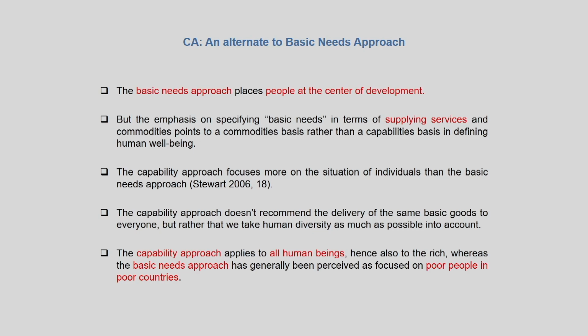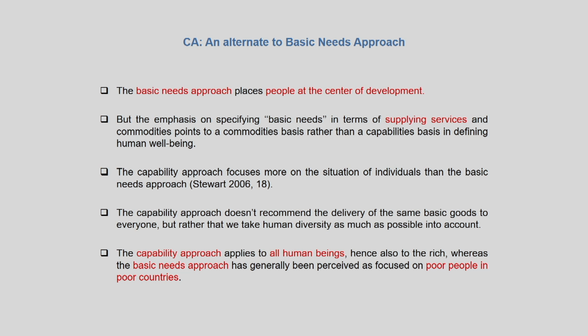So, the focus with respect to basic needs approach is in supplying the commodities, whereas the capabilities approach is looking at enhancement of capabilities, and that requires a much bigger emphasis compared to the basic needs approach, because that requires an institutional change, that requires a change in the social arrangements within which the child functions. So, capabilities approach focuses more on the situation of individuals than the basic needs approach.